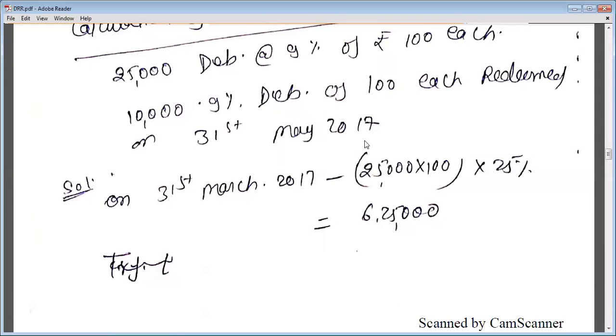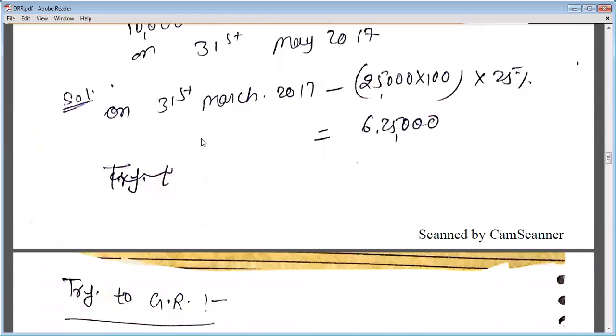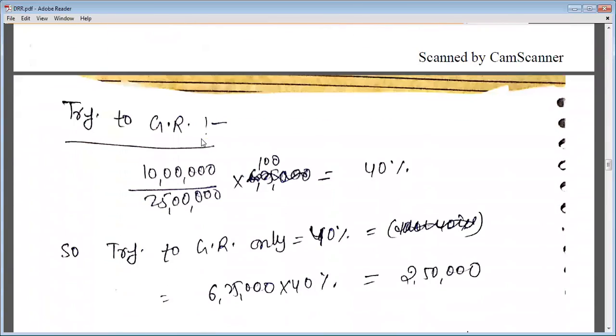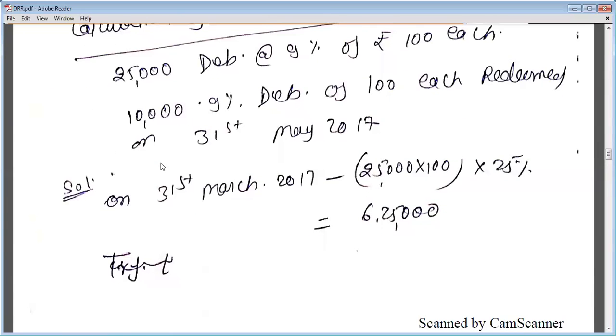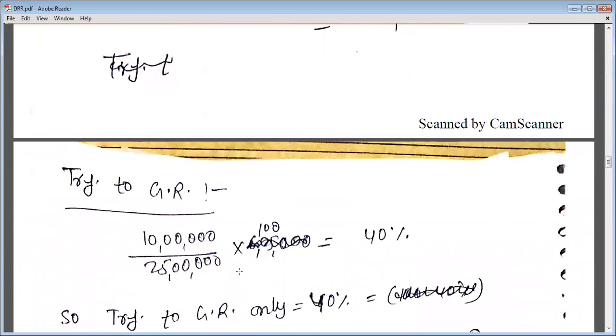We already redeemed on 31st May 2017 10,000 debentures. So how much amount will be transferred to general reserve account? Let's see. We redeem 10,000 debentures, that means 10,000 multiplied by 100, so rupees 10 lakhs of debentures is redeemed.